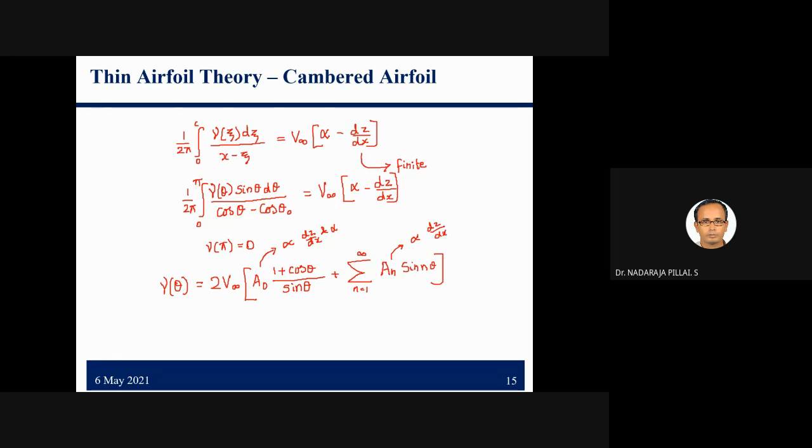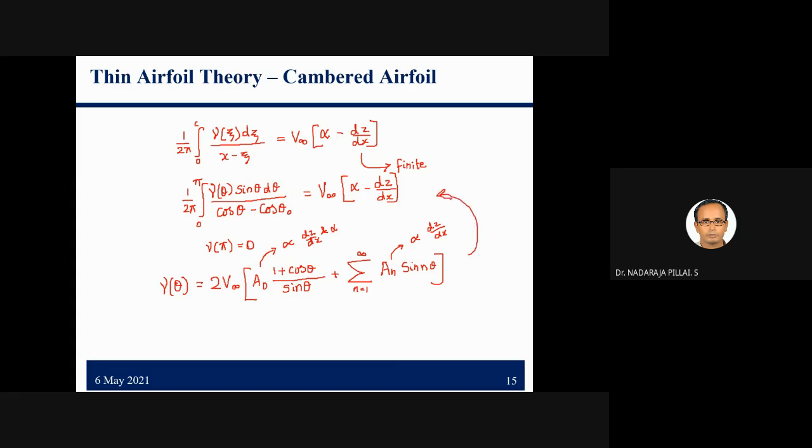The coefficients A naught and An, for n equal to 1, 2, 3, must have specific values in order that the camber line be a streamline of the flow. So to find these values, let us substitute the gamma of theta in the equation here, right?